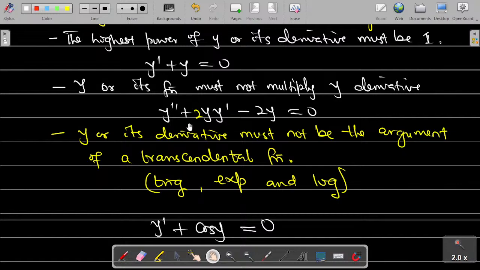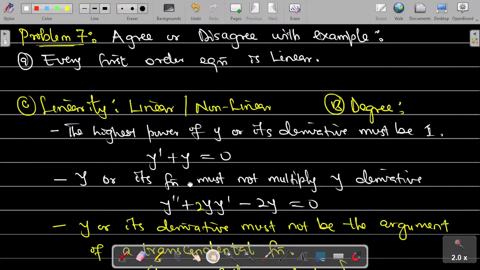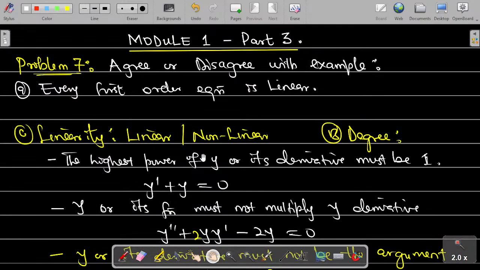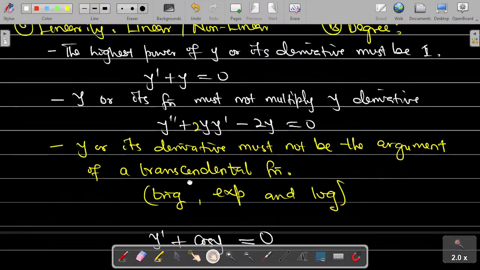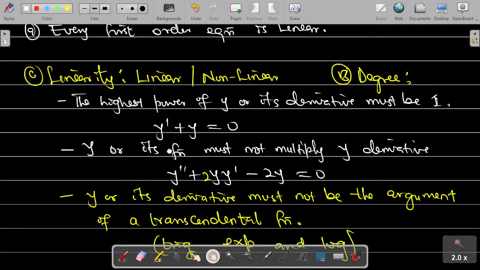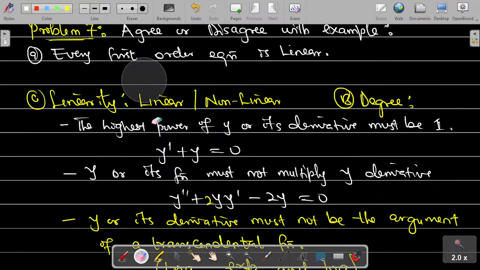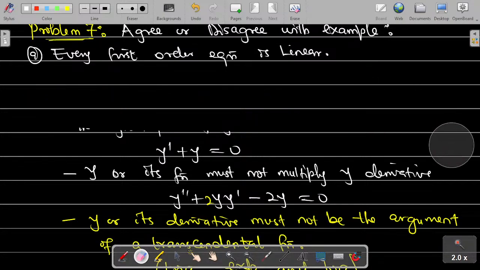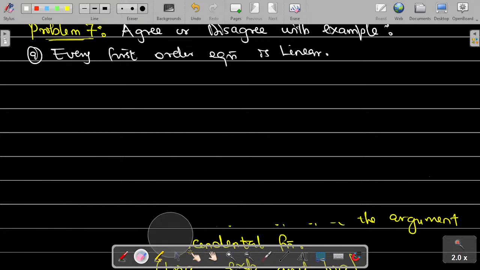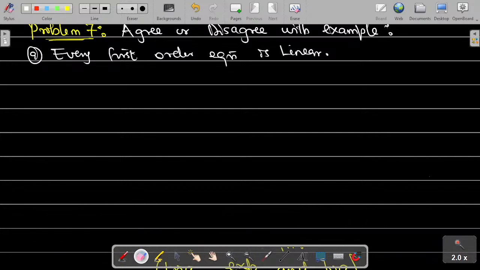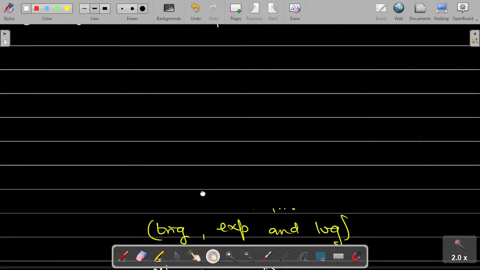So you need to clear any fractional power to determine whether the differential equation is of degree 1, 2, 3 or whatever. So okay, quickly let's now look at the question we have.